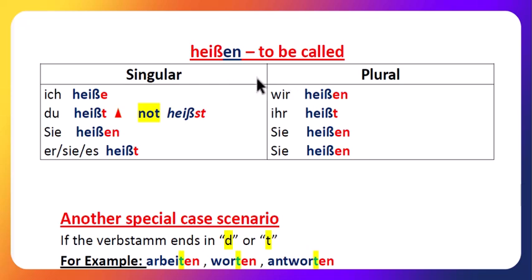I even mentioned this one in the personal pronouns. If I didn't mention it, kindly watch the verb videos. I think lesson 10 or 11. This is mentioned as "heißt".